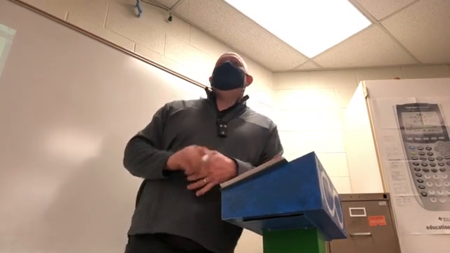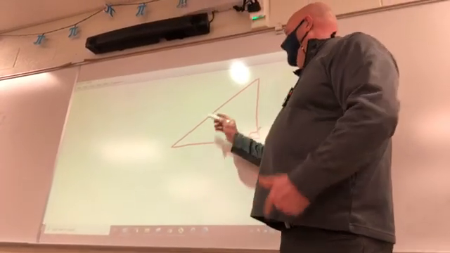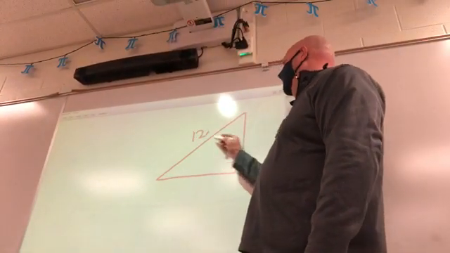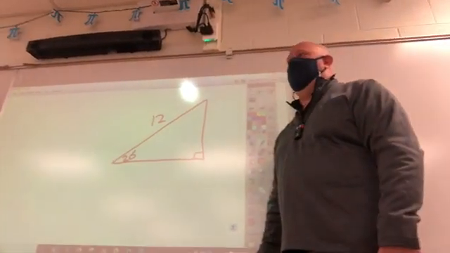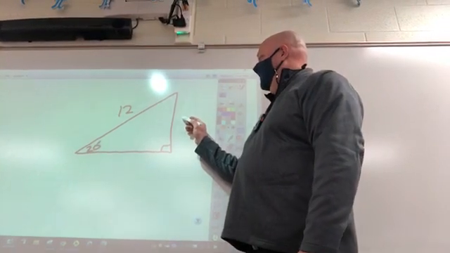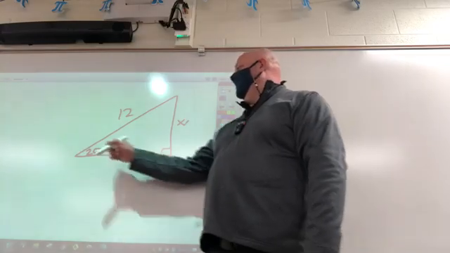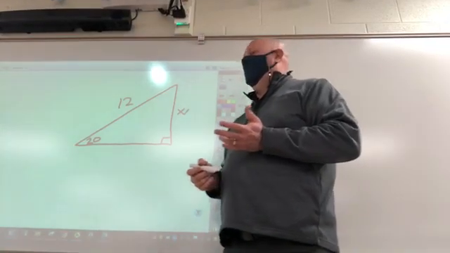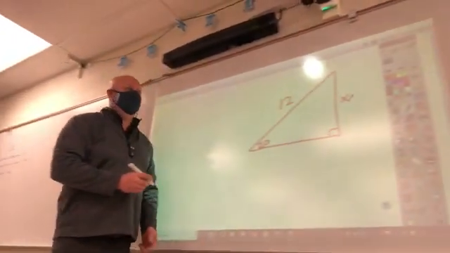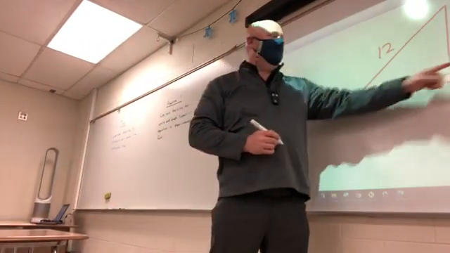Yeah, you really can. It gets weird because if you have a right triangle and let's say I know this is 12 and this is 20, and I want to find that side. The easy way to do it would just be sine of 20 equals x over 12. What would my law of sines be? Where's my pair? 90 and the 12.